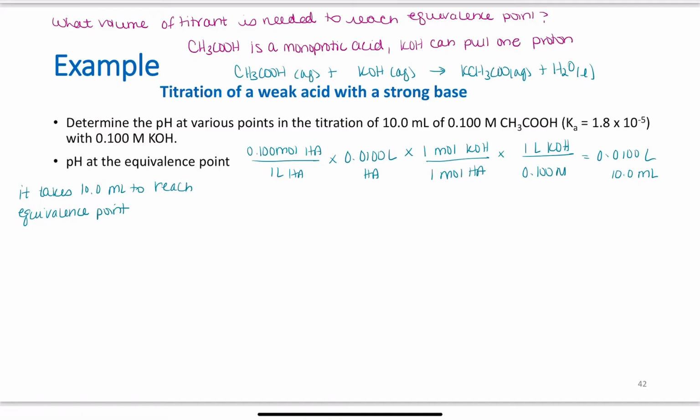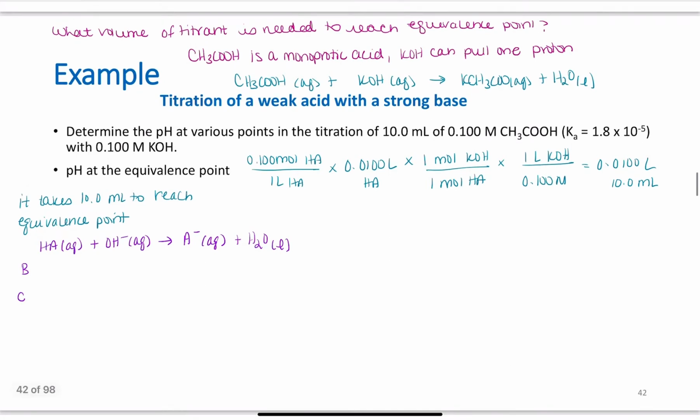We do have to do a BCA table because we have an acid reacting with a base. So our acid reacts with our base to form conjugate base and water. And this is a BCA mole table.